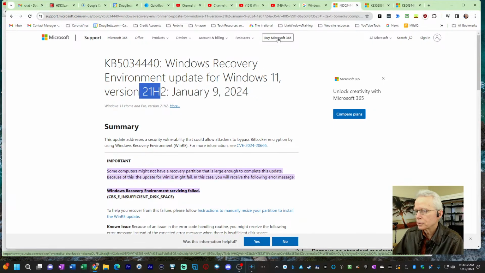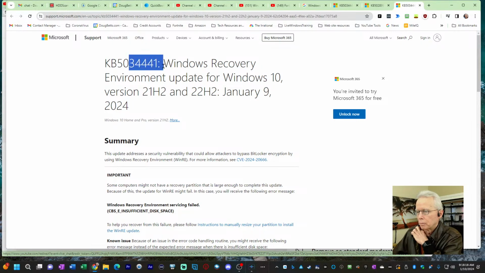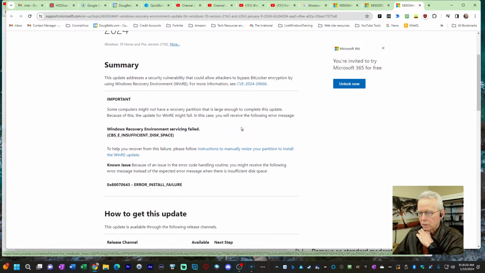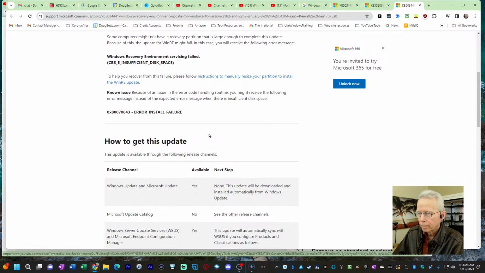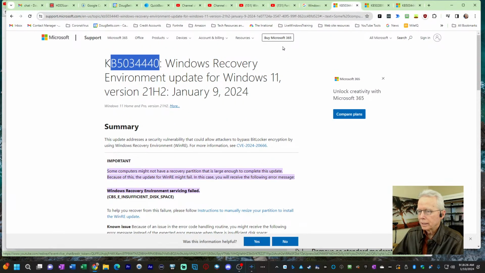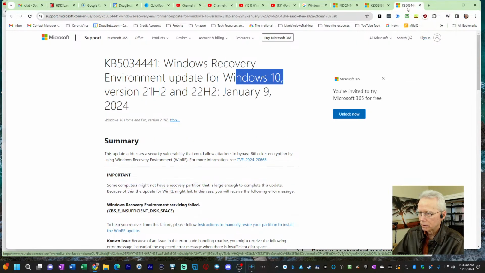So that's why this KB number was probably for Windows 11 and this KB number was for Windows 10. So they're addressed as separate issues. That's why back here, when this says Windows 11, it was incorrect for me to think the problem was only going to be for Windows 10.